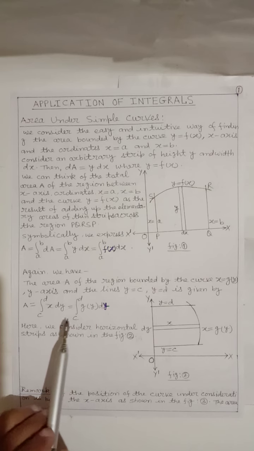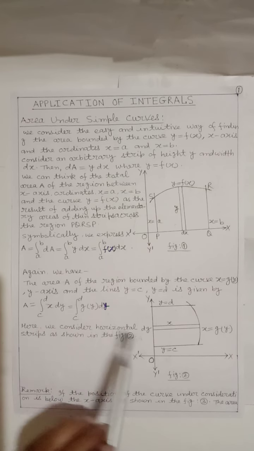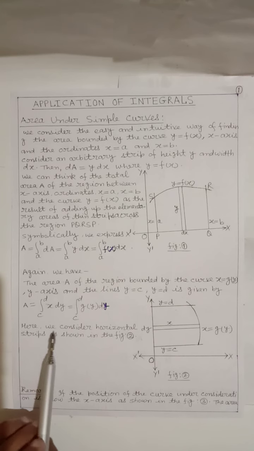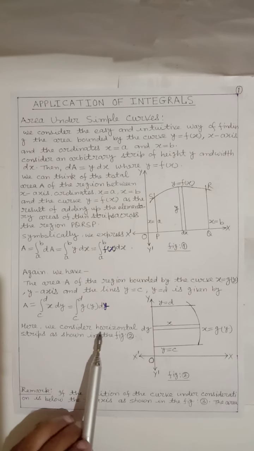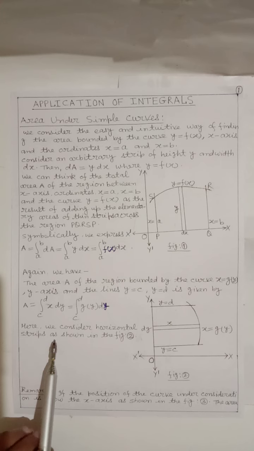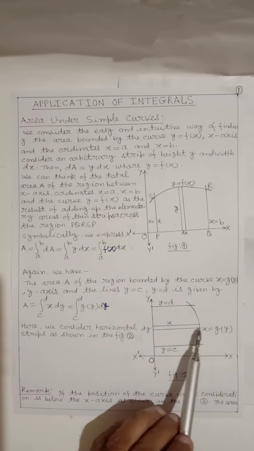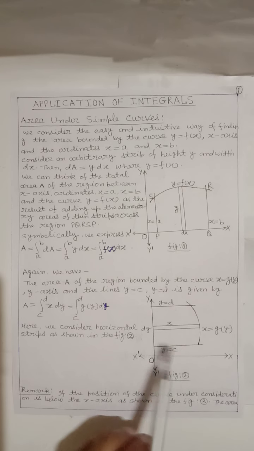Here already we know x is equal to g(y). Here we consider horizontal strips as shown in figure 2. Here these are horizontal strips.